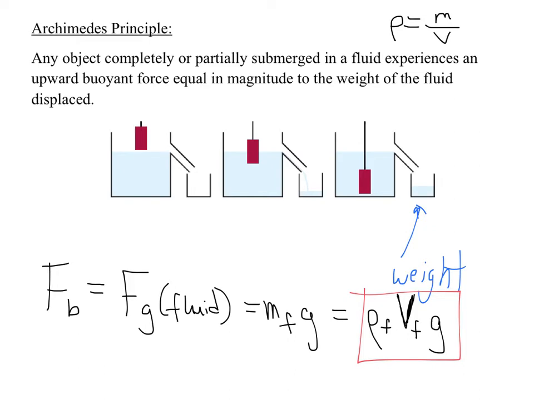So the more fluid that's displaced increases volume, doesn't it? So if I increase volume, I'm increasing buoyant force. If I make the object bigger and displace even more fluid, I get more of a buoyant force.